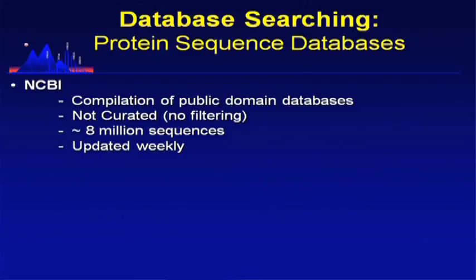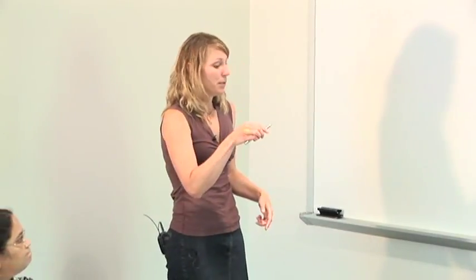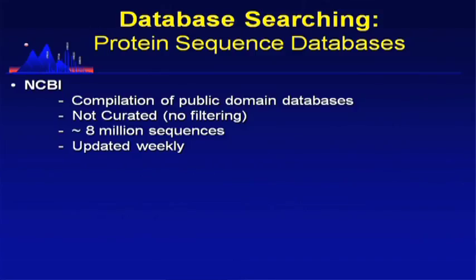Okay, so there are a lot of sequence databases out there. I have a few examples. All the protein sequence databases that are out there are in the public domain, meaning that they're free. So anyone can go and download them. The largest of these is the one maintained by NCBI, which you've probably been to that website for whatever reasons, where PubMed is.